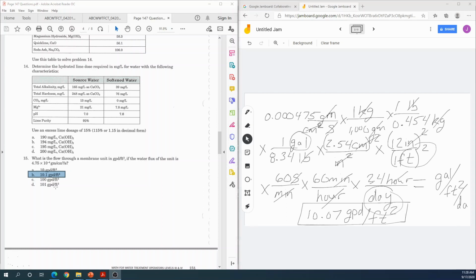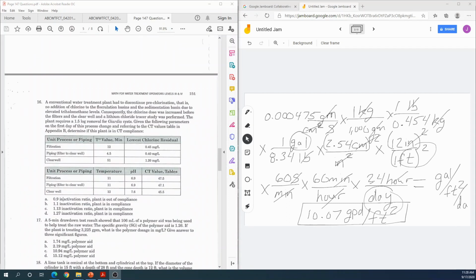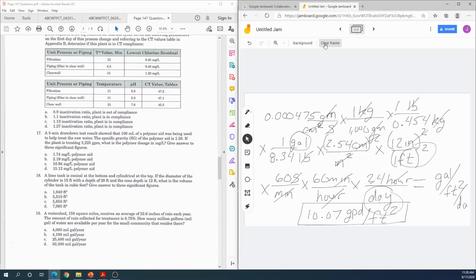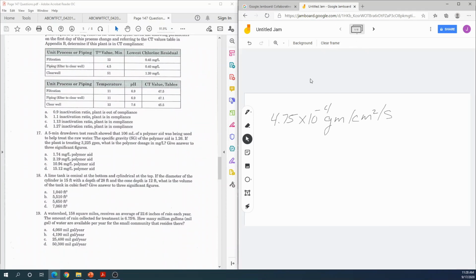All right, let's take a look at problem number 18. A lime tank is conical at the bottom and cylindrical at the top.